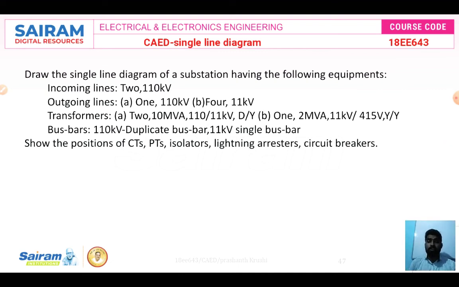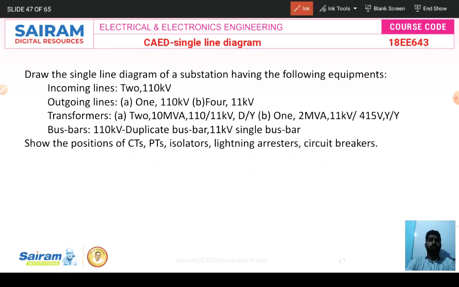The first problem: draw the single line diagram of a substation having the following equipment. I'll draw one diagram for your reference. There are 2 incoming lines, and outgoing lines: 1 from 110 kV and 4 from 11 kV. So there are 2 incoming lines at 110 kV.